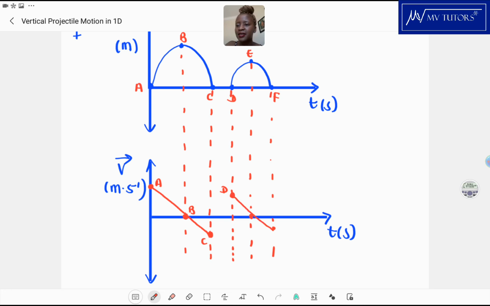I'm not drawing this to scale, that's why it looks a bit funny, but yeah.